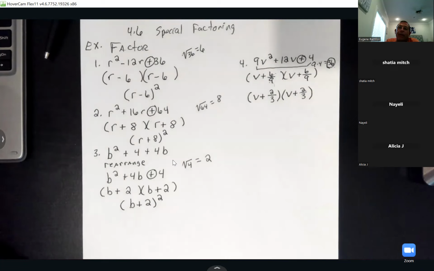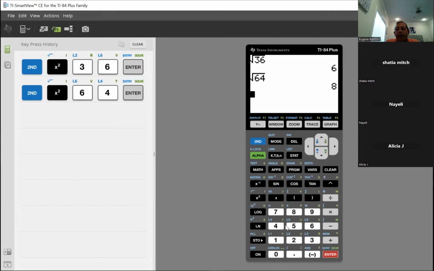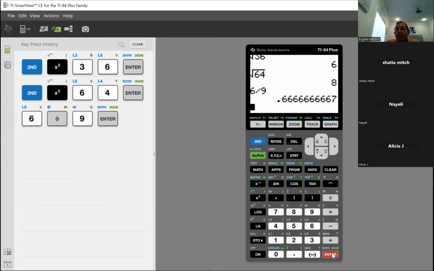Now let me show you a trick on the calculator. So that was what, a 6 over 9? If you go on the calculator and you did 6 divided by 9, it would give you a decimal. But if I turn that decimal back into a fraction, it'll give me a reduced fraction.